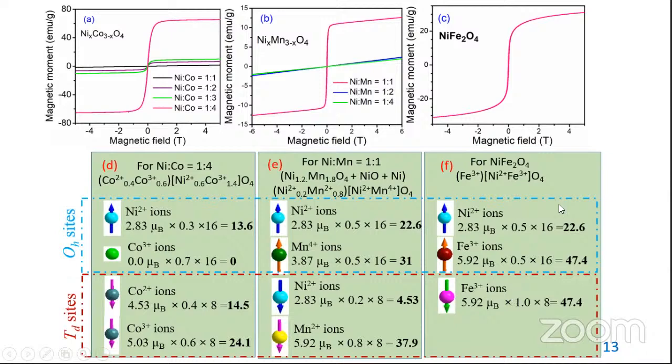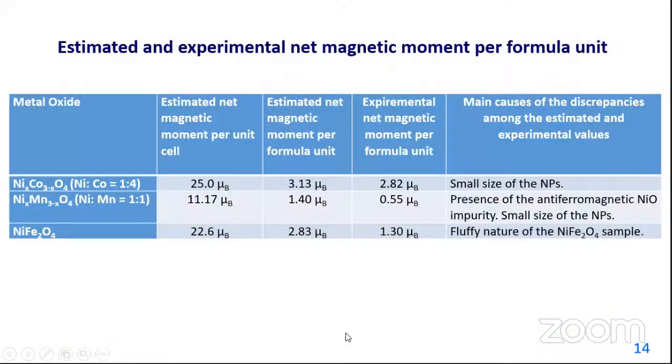In the case of nickel ferrite we did the same, and next we present the estimated magnetic moment per unit cell for each of these compounds that gave superparamagnetic behavior. Here the nickel to iron ratio is 1:2. So we got this estimated magnetic moment per unit cell.